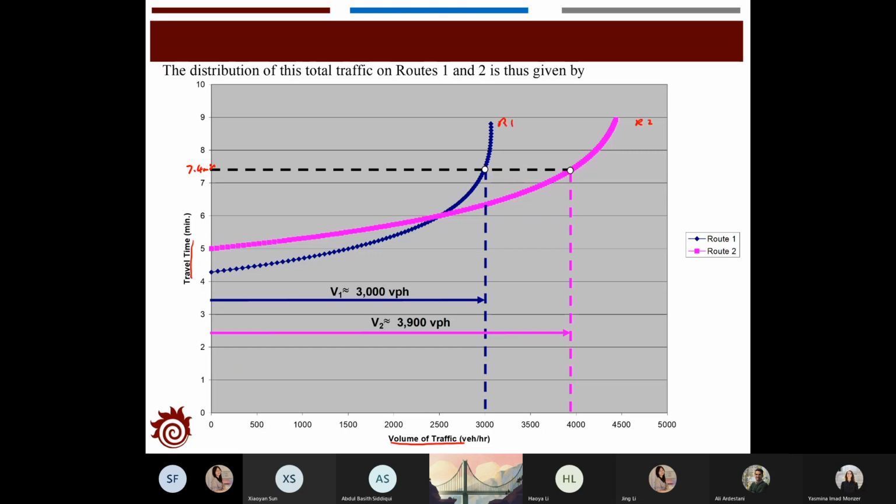and route 2. And in route 1, if you use the curve to track the volume, you can find out the volume is 3,000 vehicle per hour. In route 2, you find out 3,900 vehicle per hour, and that's the volume we're gonna observe for town A from route 1 and route 2.